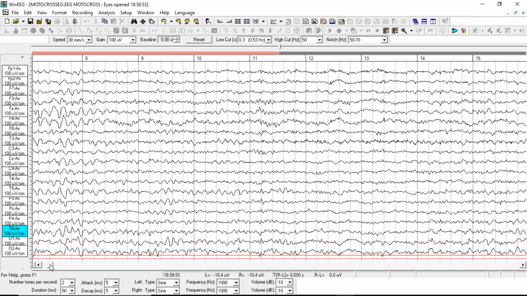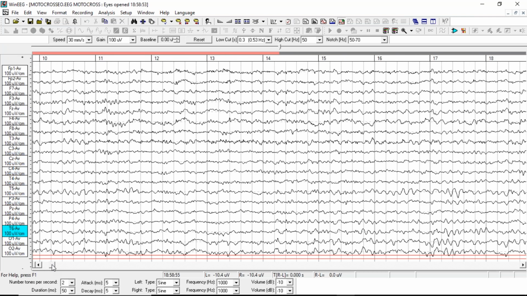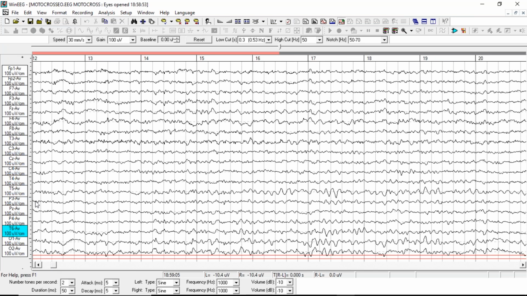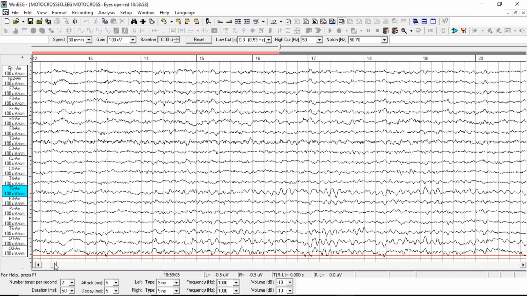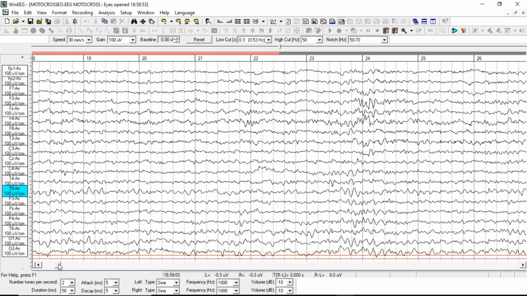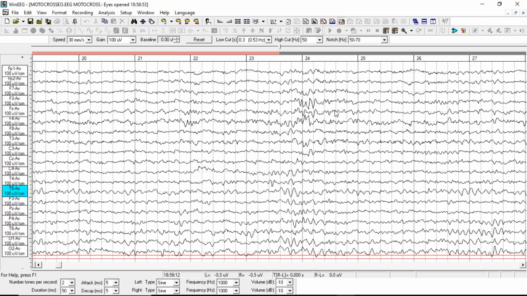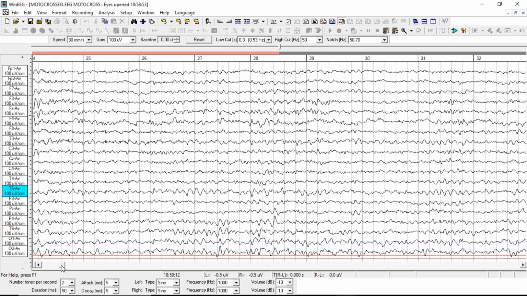So we have some slowing taking place, and if we scroll through it, we'll see that T5 has a permanent, constantly presenting slowing right there. And we have the same activity at FZ and F3, F4 with the slowing at T5, some posterior slowing, which is going to be relevant for our interpretation.